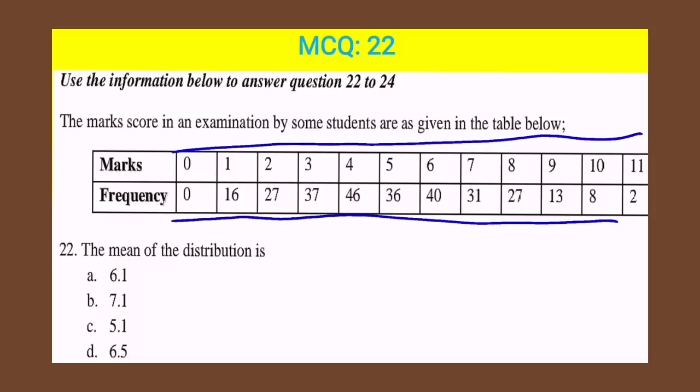So the X is going to be the marks, and then the frequency is what you're going to provide in the frequency section on your calculator. So you turn the frequency on.